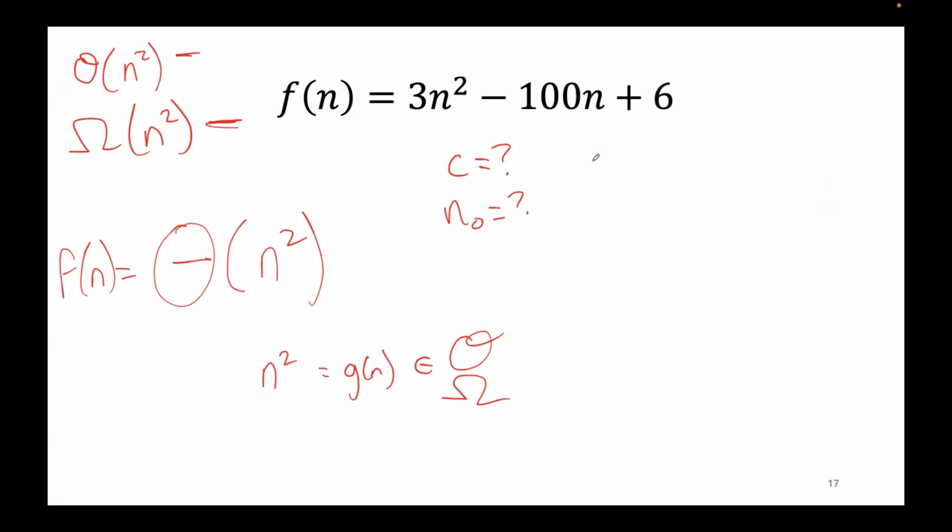Given is the action, right? But yeah, this is very long. So then your C would be. So for the upper bound, 2, 3. And then your n naught is. Yeah.